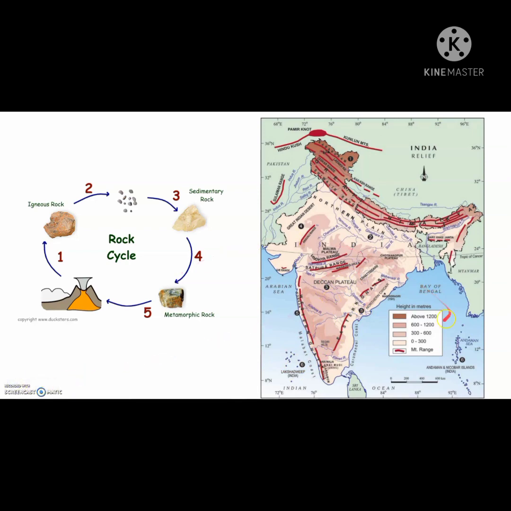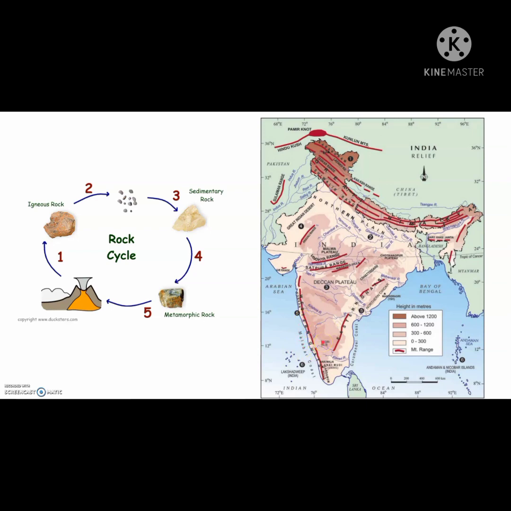The Western Ghats lie parallel to the west coast and the Eastern Ghats are parallel to the east coast. The Western Ghats are higher than the Eastern Ghats. The Nilgiris are part of the Western Ghats, where the famous hill station Udhagamandalam, Ooty, is located.